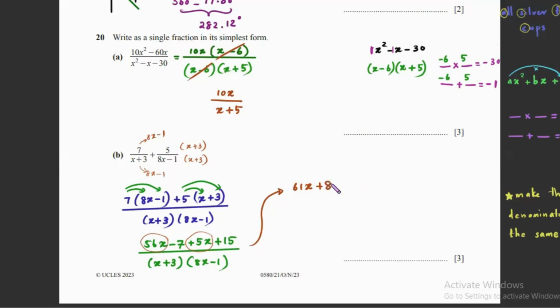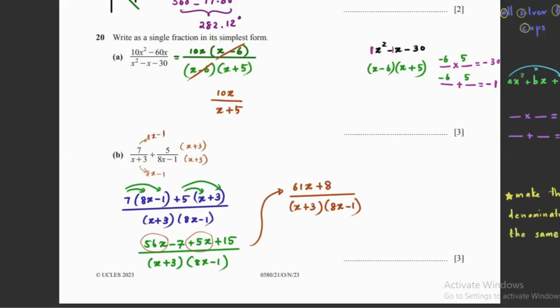This is written over the denominator, which is (x plus 3)(8x minus 1). So this will be the final answer. The reason why this is the final answer is because the numerator cannot be factorized further. If we could factorize the numerator, it's important that we do, because there are instances when it can get cancelled out with the denominator.